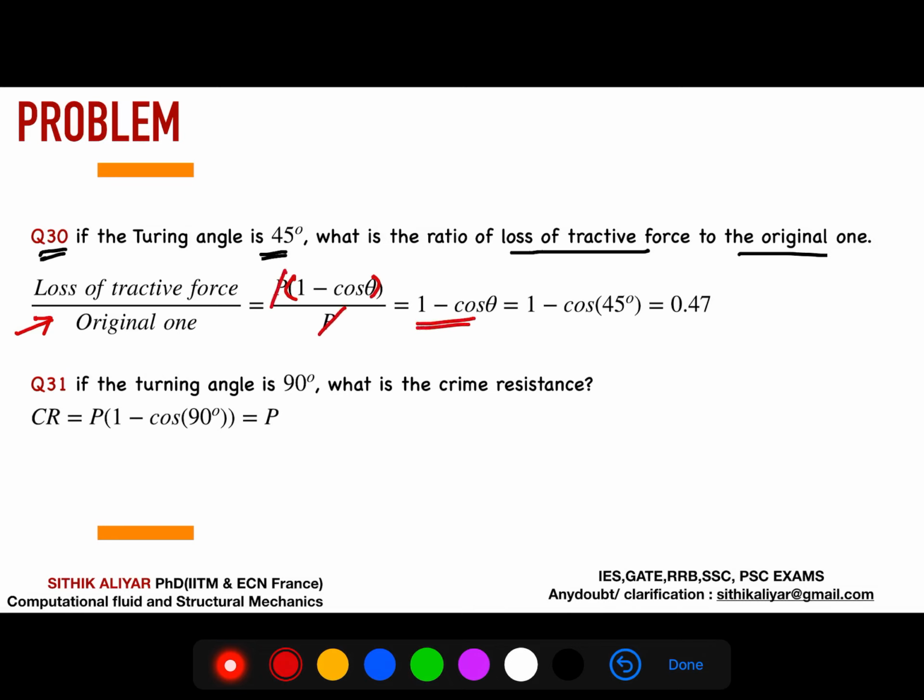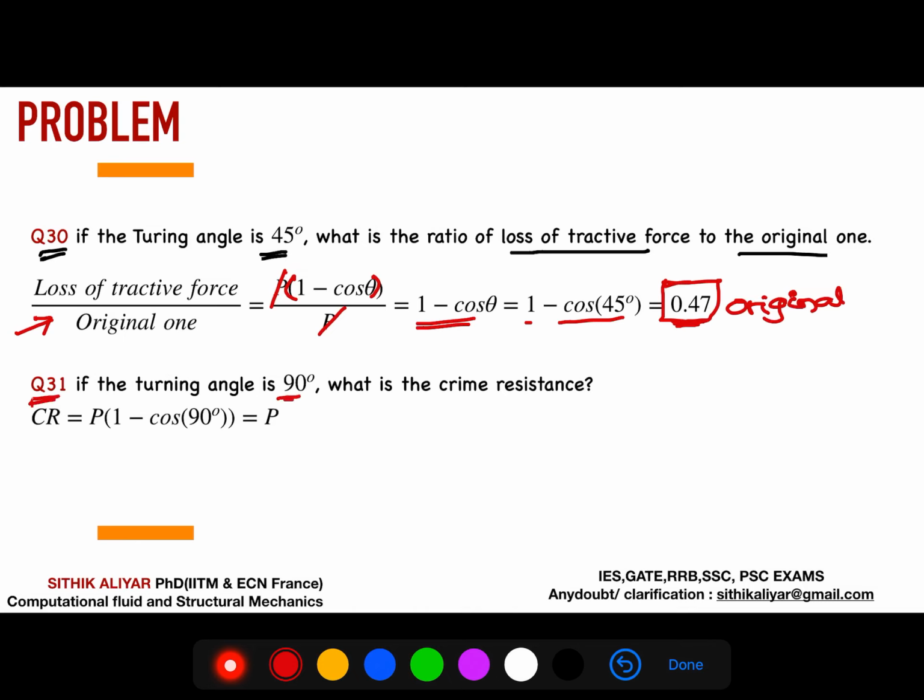So 1 minus cos 45 degrees is 0.47. So we are losing 0.47 times the original force which we should have received, almost 50% of the force. That's question number 30, and the answer is 0.47.